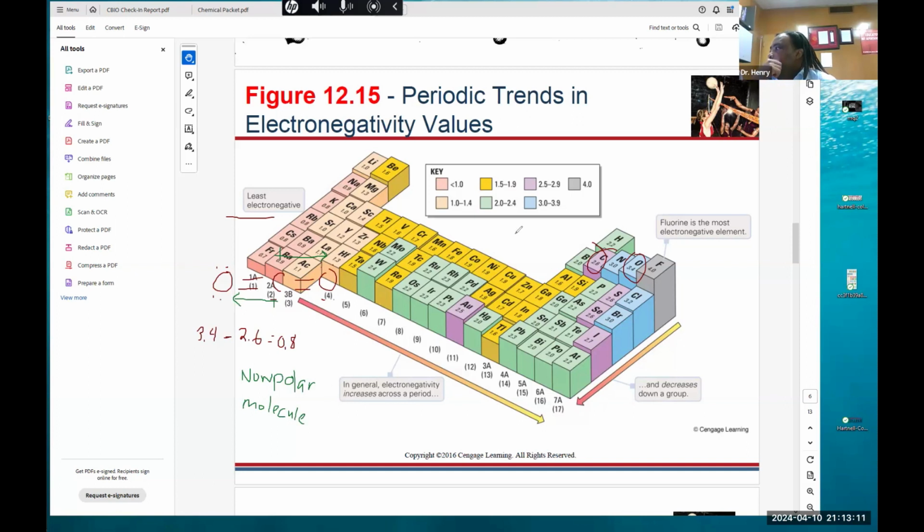Okay. If I have S, C, O. Okay. So S is 2.6, carbon is 2.6.